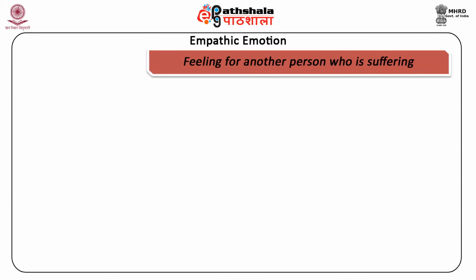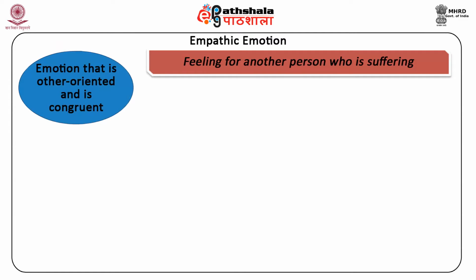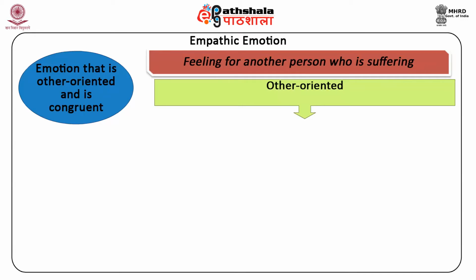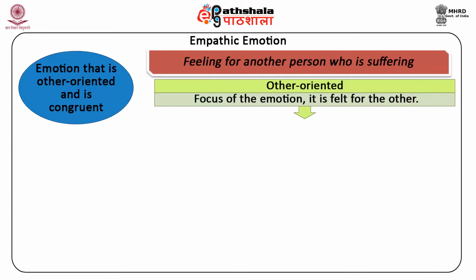The term empathy or empathic concern refers to an emotion that is other oriented and is congruent with the perceived welfare of someone else. Here, other oriented refers to the focus of the emotion. It is felt for the other.